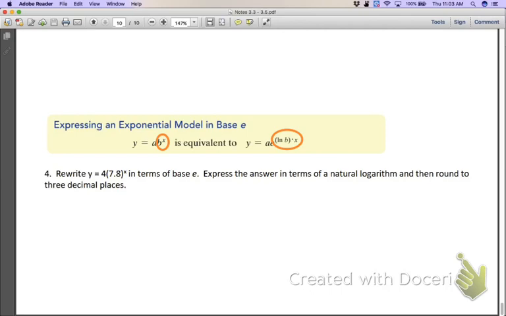Your A doesn't change; we just rewrite our base from a number into e with an exponent of the natural log of my base times x, or whatever my exponent is. So that doesn't really affect a whole lot of things.